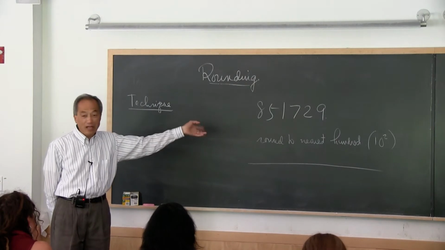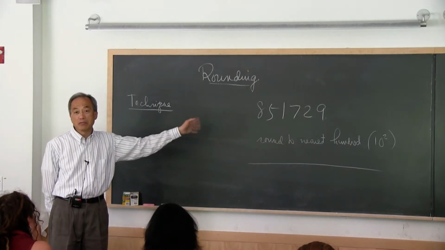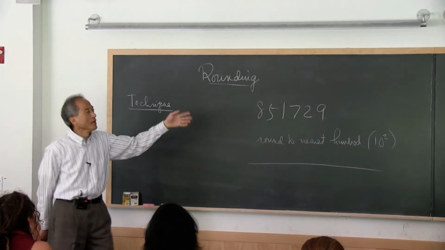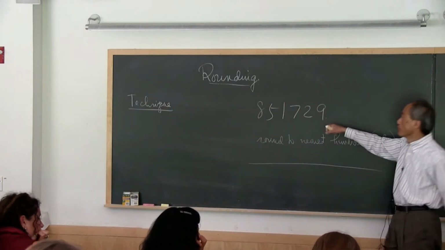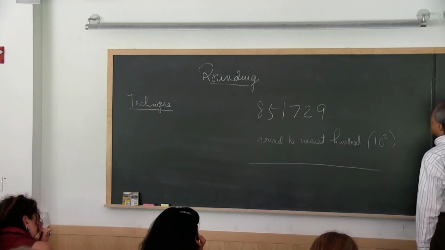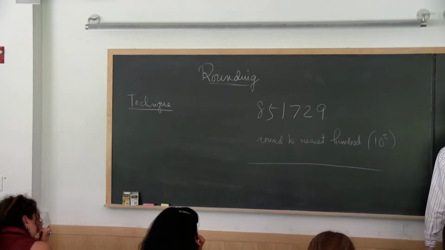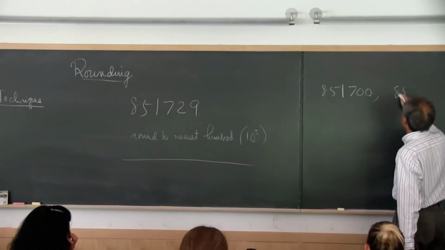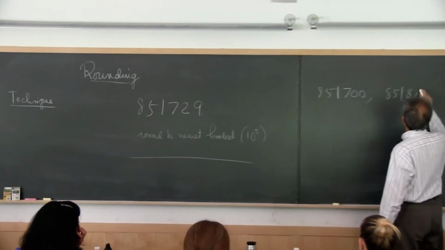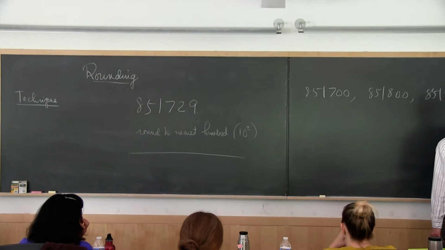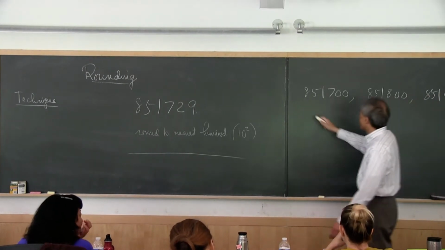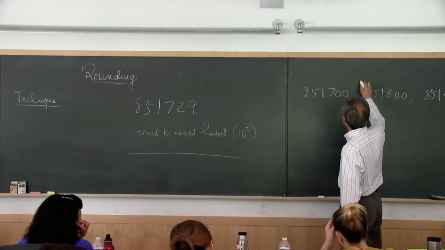Okay? So now, for a large number like that it makes it almost impossible to, well, I mean, you can. So multiples of 100 in this neighborhood would be what? 851,700, right? 851,800. 851,900, etc. You don't need to go beyond that because it's somewhere here, yes?